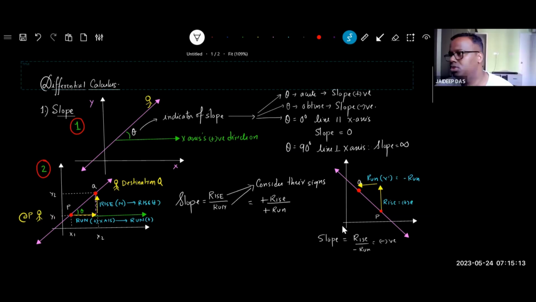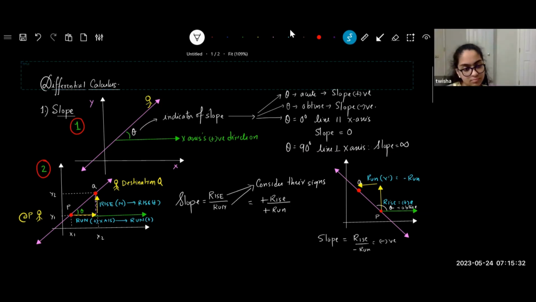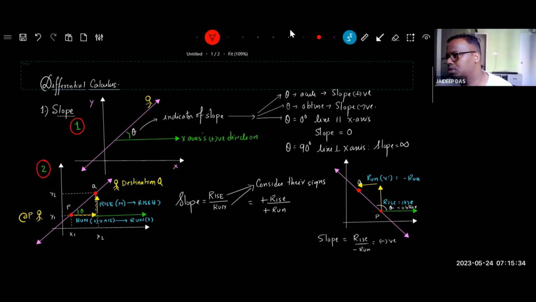And don't you forget what I taught you very first, that my positive direction of x-axis is this. And if I try to have a slight look at my theta, this is my theta, I would say obtuse. I would use my formula that if you are obtuse, the slope should be negative, and exactly, it's tallying on both sides.